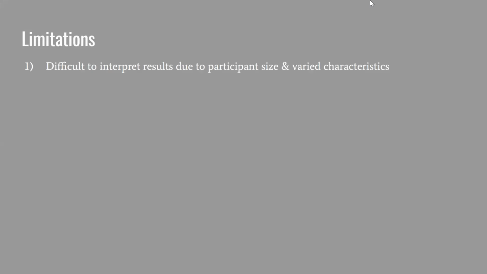So our limitations: we found it difficult to interpret results because we had only 3 participants, and they were all around the same age and active. So it was difficult to interpret results because there was no significant difference between them.